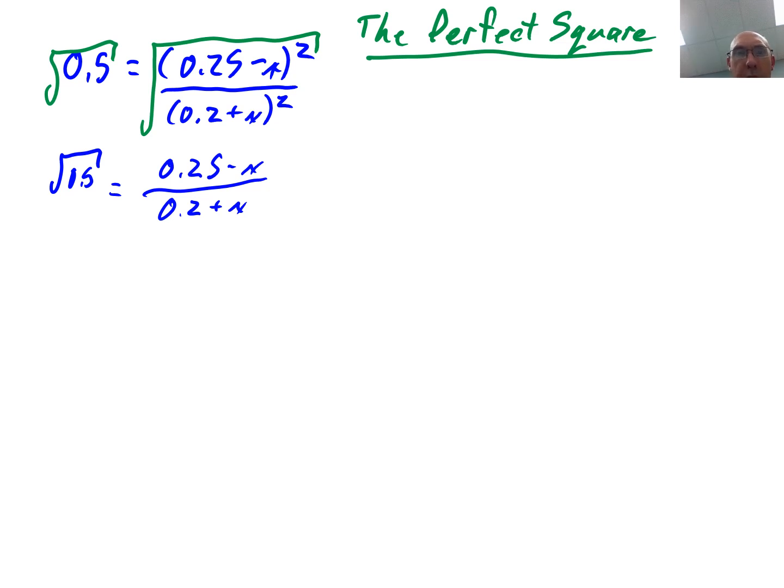Much friendlier equation than what we had before, but we're still solving for x. What should we do next? Well, let's address that denominator. So we're going to multiply both sides by the denominator, and if we do that, we get the root of 0.5 times 0.2 plus x equals 0.25 minus x.